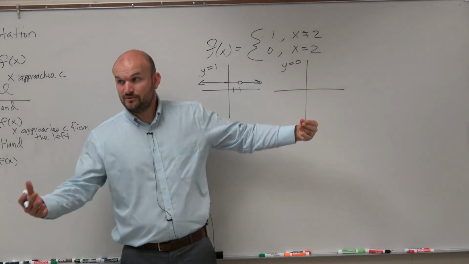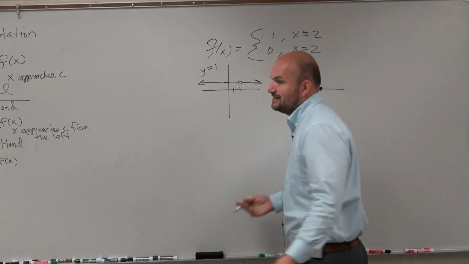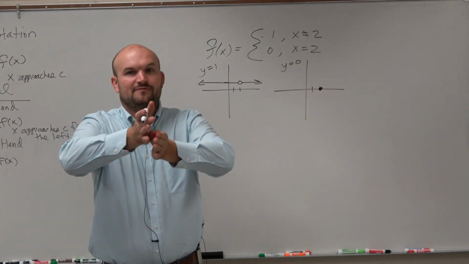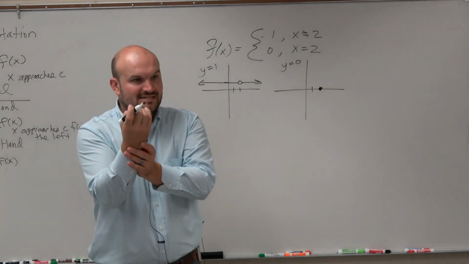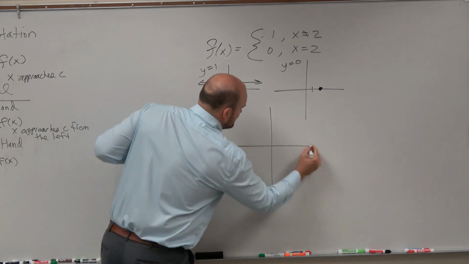So if x is only equal to 2, that means to represent that, we're just going to have to represent that with a dot. Because it's not like we took everything away from the line and it only equaled it when x is equal to 2. So technically, we have this graph that looks like this.